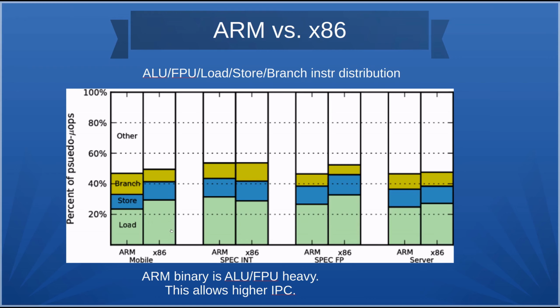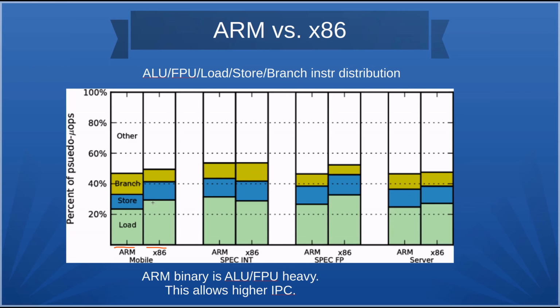And yeah, we can see there is a comparison between the ARM and x86. x86 is mostly more memory heavy. It's probably because ARM has 32 registers and x86 has only 16 registers for 64-bit mode.